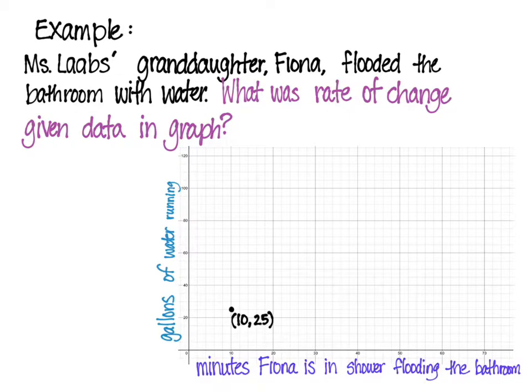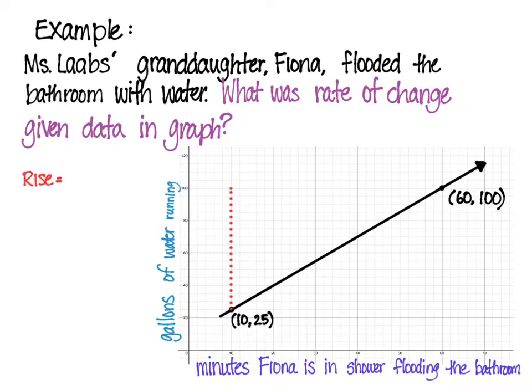We take the first piece of data that was calculated from looking at our water meter, and after 10 minutes in the shower, 25 gallons of water had been used. And 60 minutes later, unbeknownst to us, 100 gallons of water had been used. So connecting those 2 pieces of data, we can calculate what was the rate that water was flooding the bathroom. We find the rise, and we look at the data here. This height was 25, and it's going all the way up to 100.